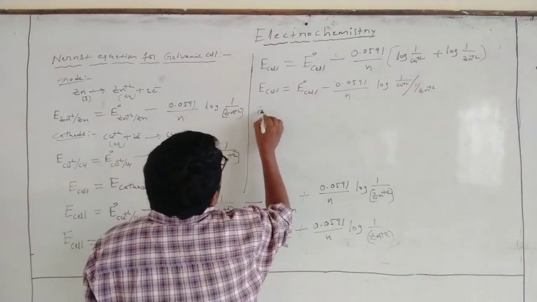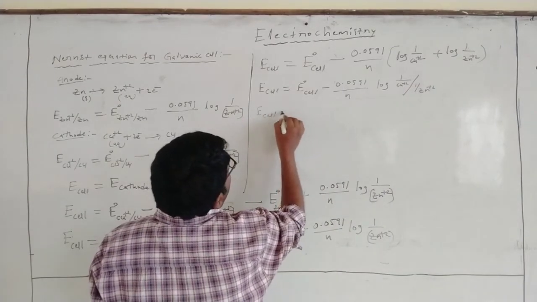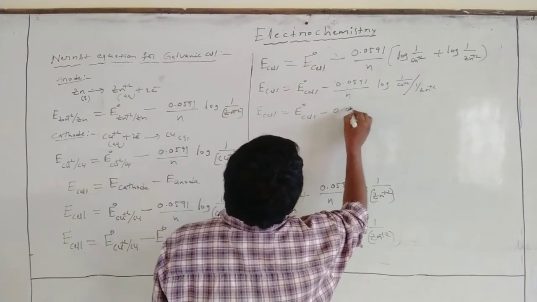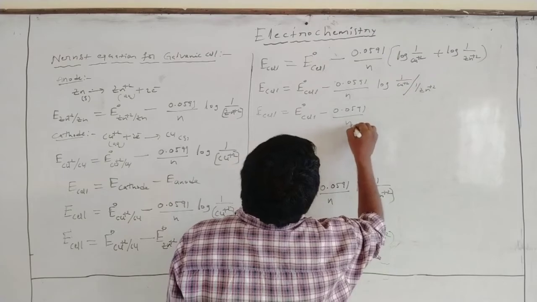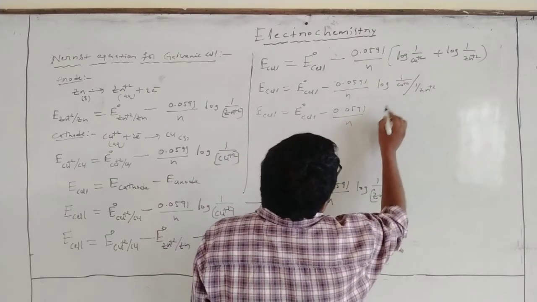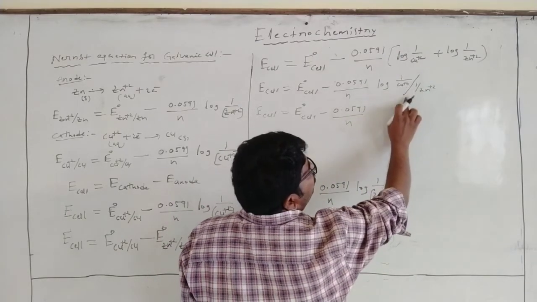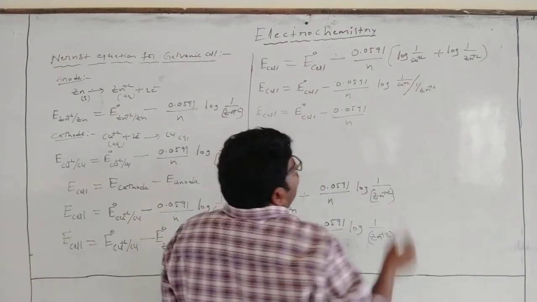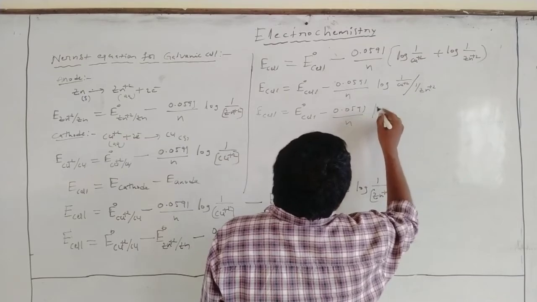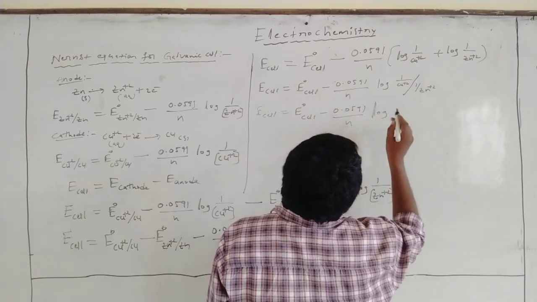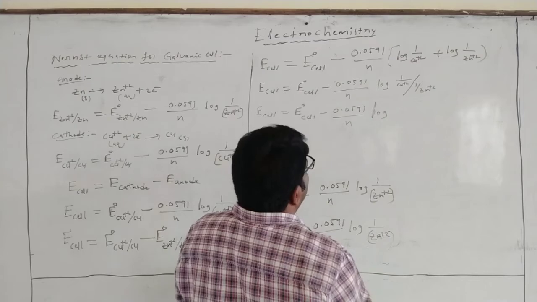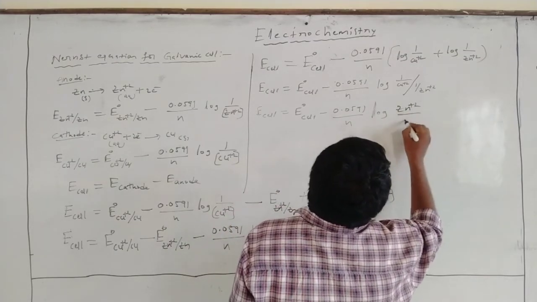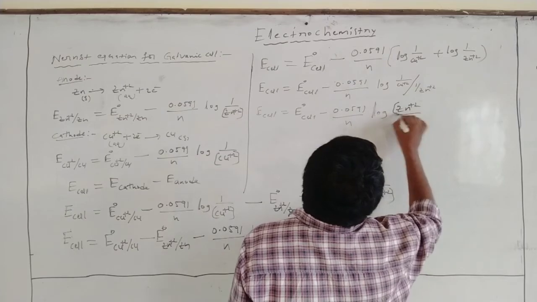Now it is shifted, so that is log Zn plus 2 by Cu plus 2.